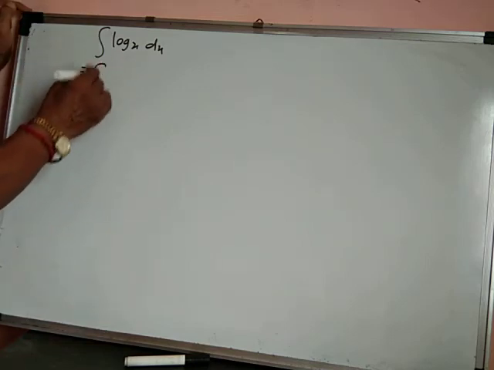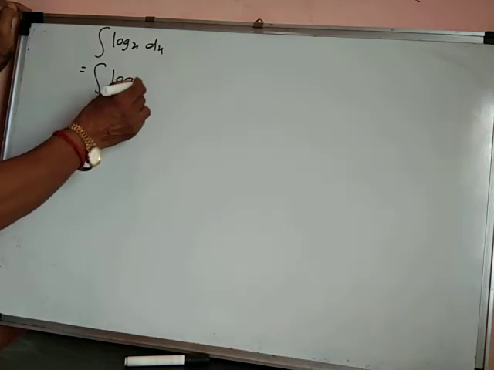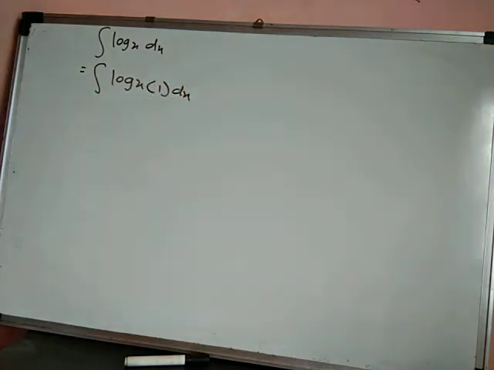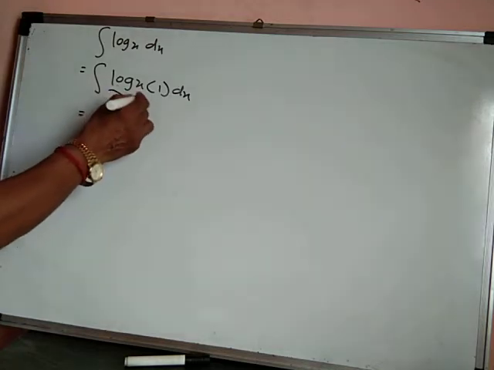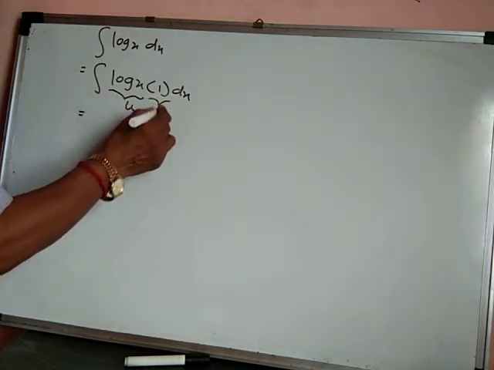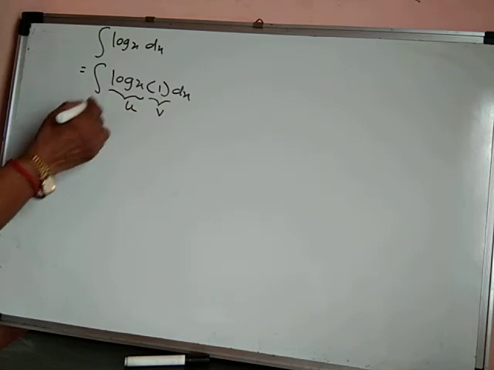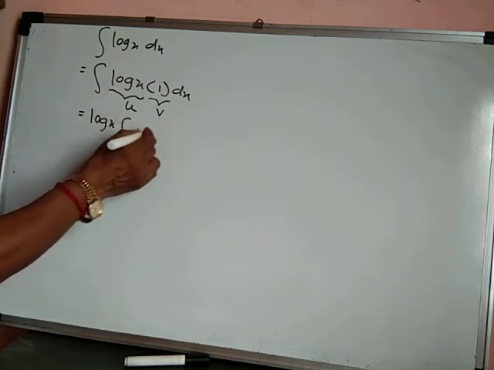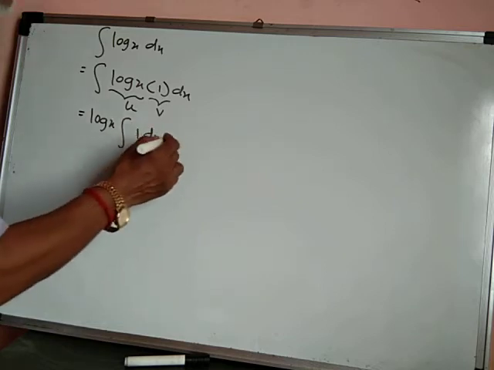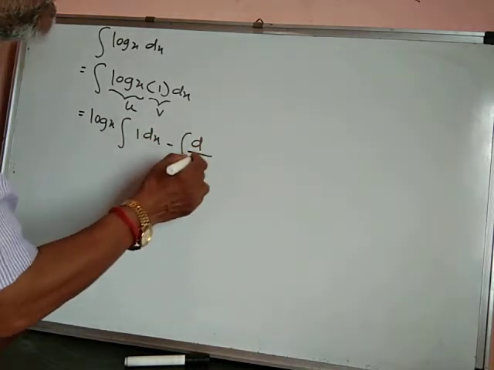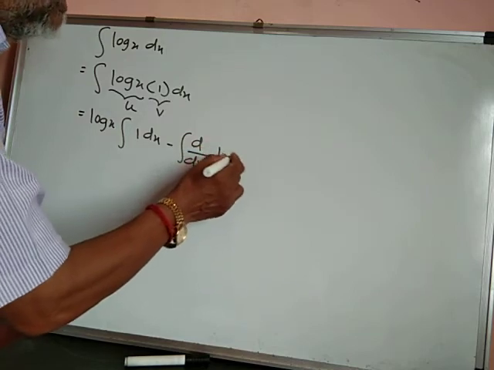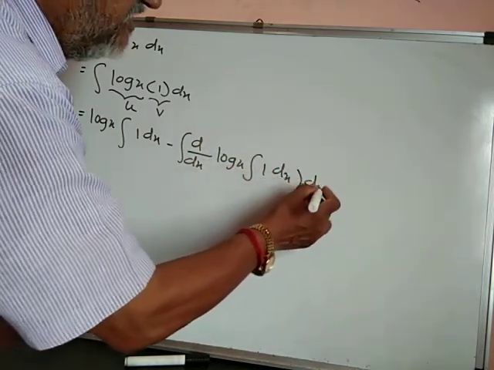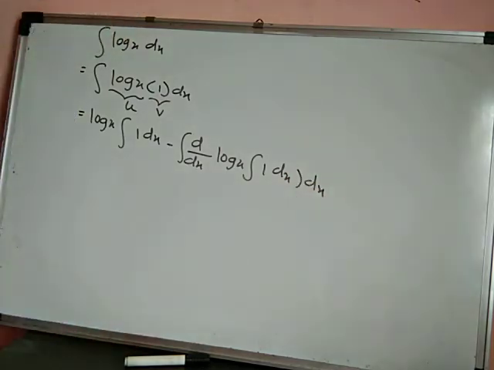So look here, this is log x into 1 dx. So log x is u and this is v. So here it will become log x integration of 1 dx minus d by dx of log x into integration of 1 dx, the whole into dx.